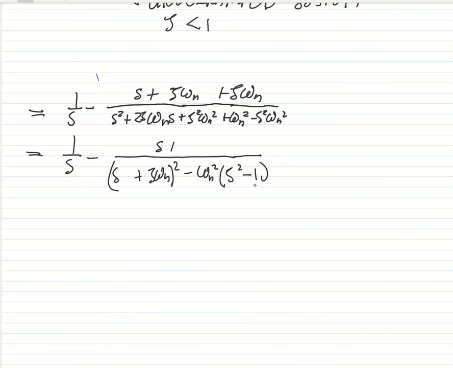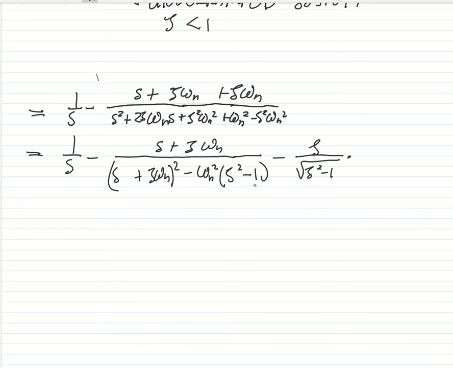So this will be s plus zeta omega n minus, again here we can factor out zeta, then all over, you multiply it again with the square root of zeta squared minus 1.